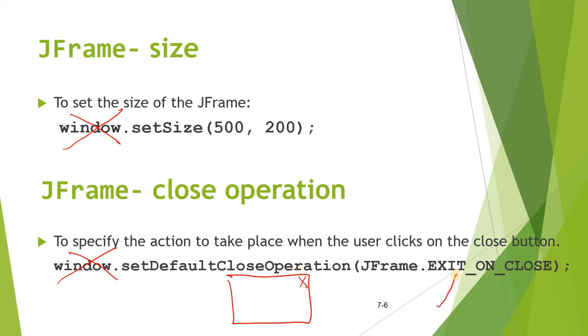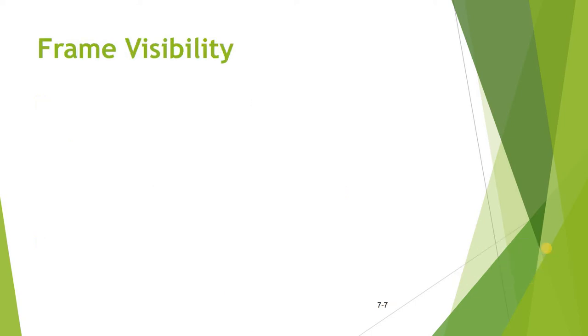By default, we're going to use exit on close, but there are some times where you may want to lock that out and change this constant here, which is really likely just an integer value given a special name because it's in all caps. You can do that as well. I think another one is do nothing on close.